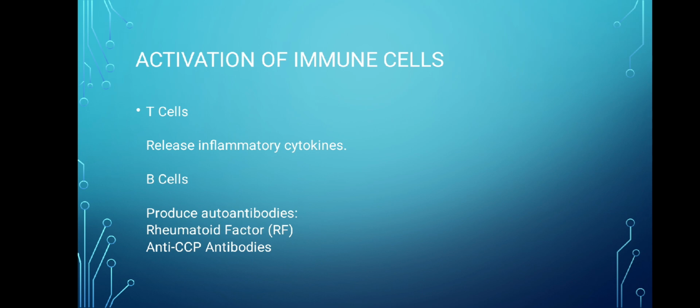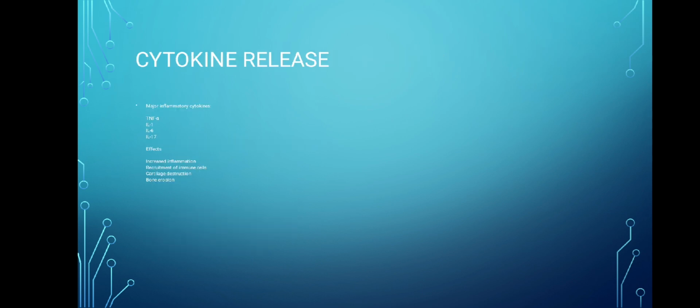Cytokine mediated inflammation. One of the most important pathological events in rheumatoid arthritis is the release of inflammatory cytokines. The major cytokines involved are tumor necrosis factor alpha. TNF alpha is considered the master cytokine of rheumatoid arthritis.